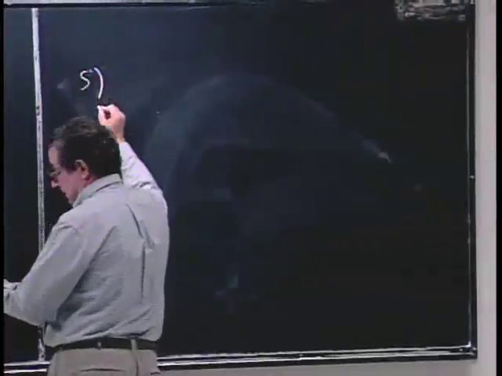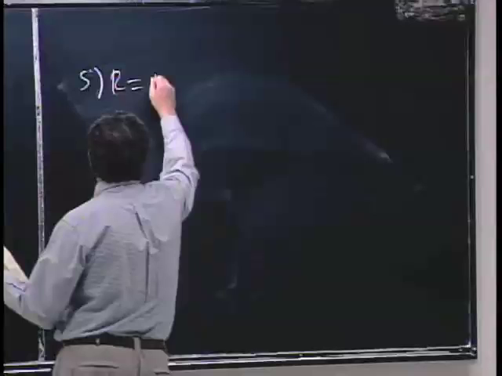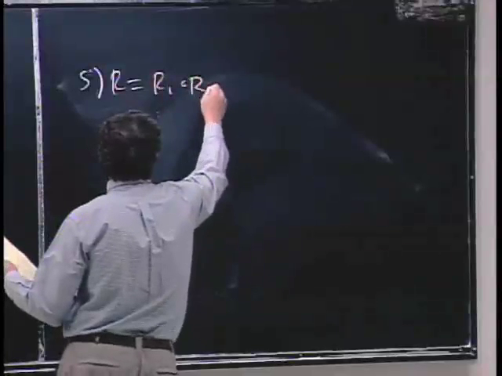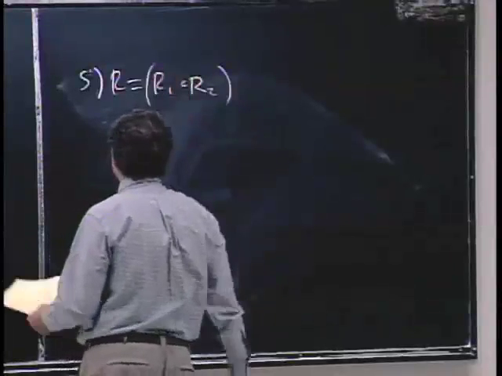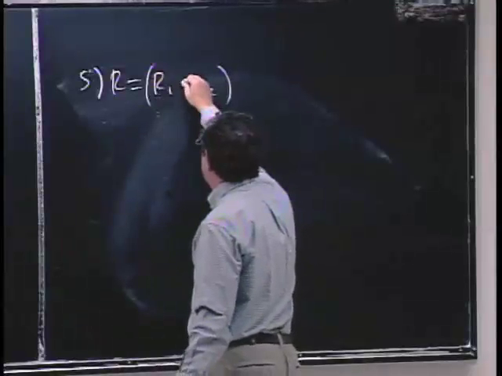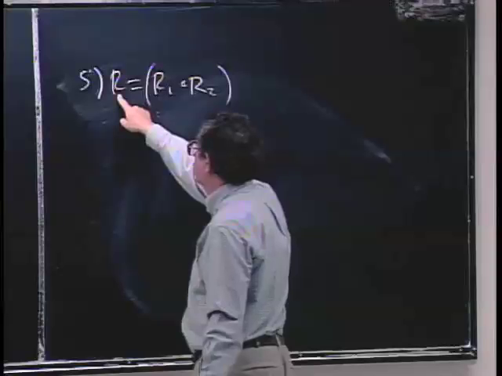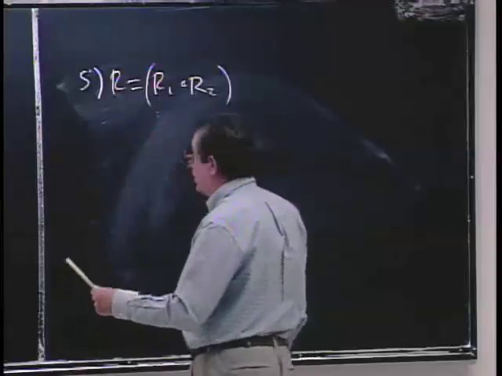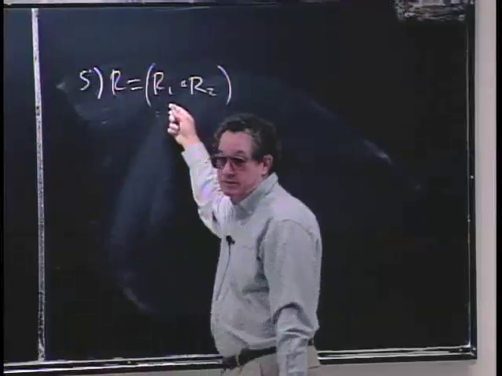5. What happens when this is a regular expression, this concatenation of two regular expressions, and this is our full regular expression? How do I build an NFA for this one?